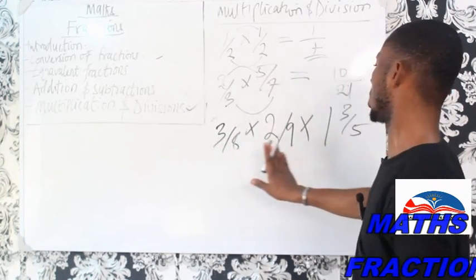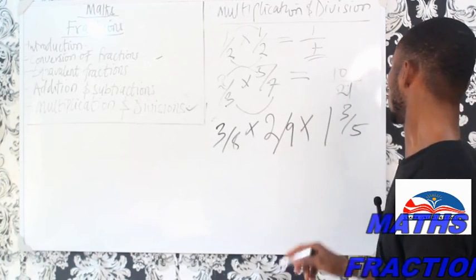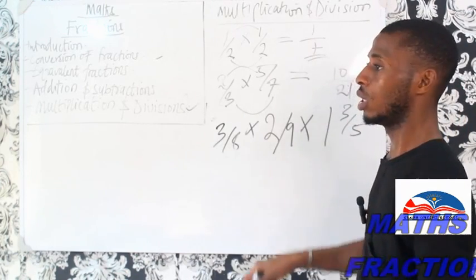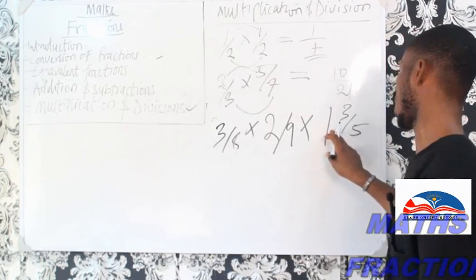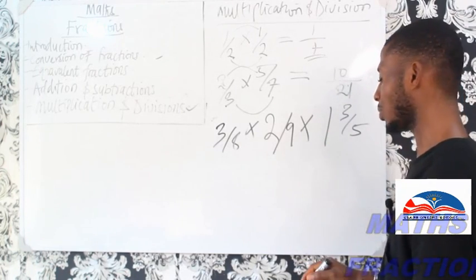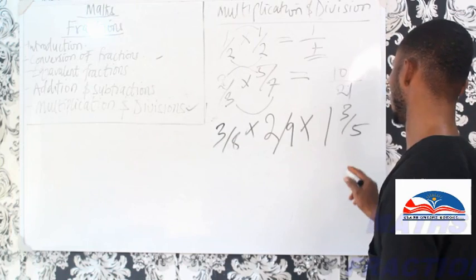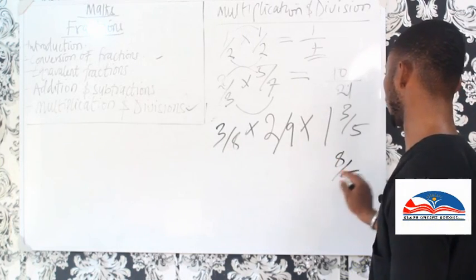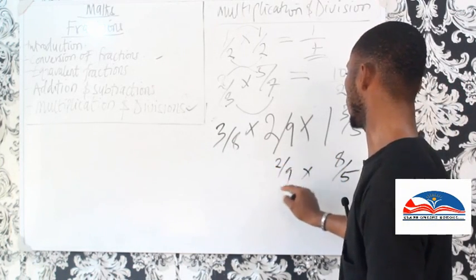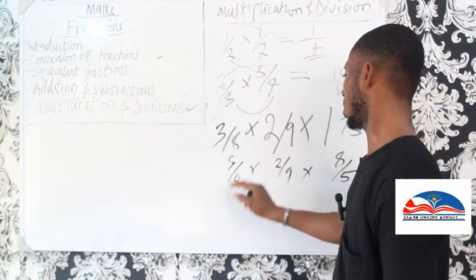So this is a single fraction, this is a single fraction, this is a mixed fraction. So what we do is convert this into a single fraction. Let's do that. 5 times 1, 5 plus 3, which is 8. So I have 8/5 times 2/9 times 3/8.